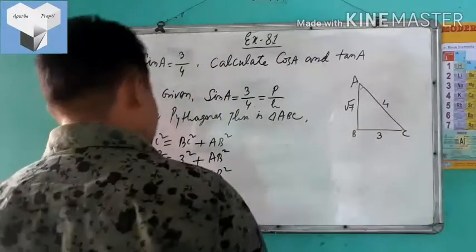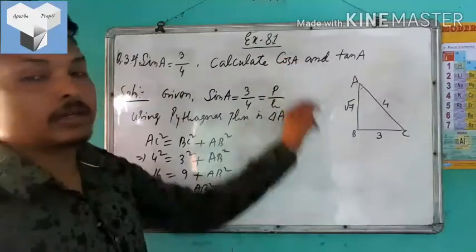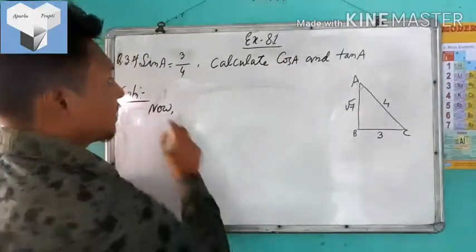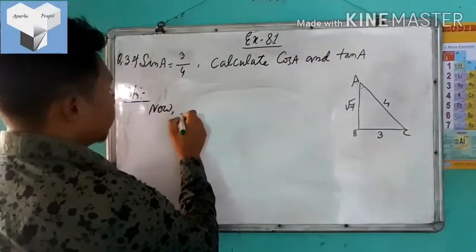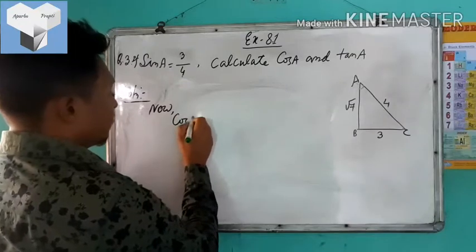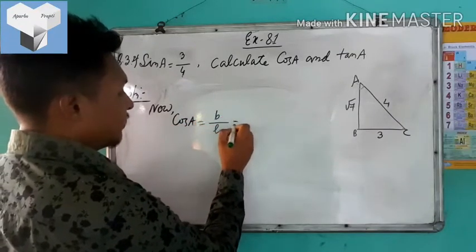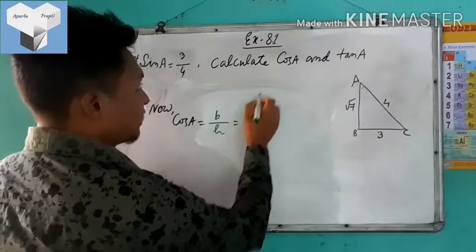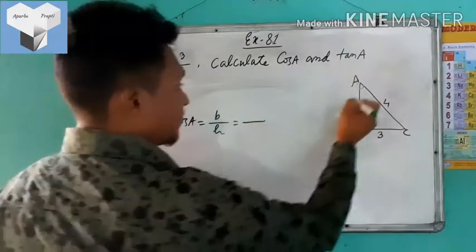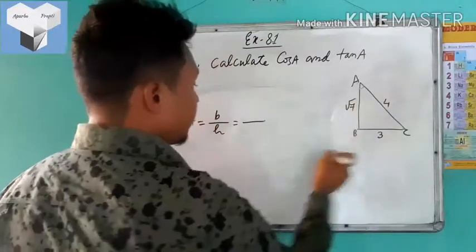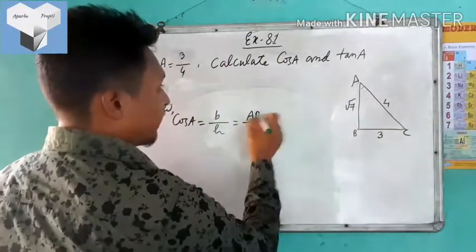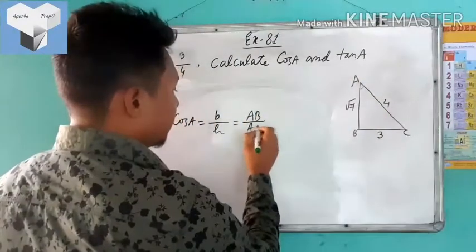Now we can proceed ahead for finding the other ratios. So now cos A is equal to B by H, that means base by hypotenuse with respect to angle A. With respect to angle A, which will be the base? AB is the base, and the hypotenuse is AC.